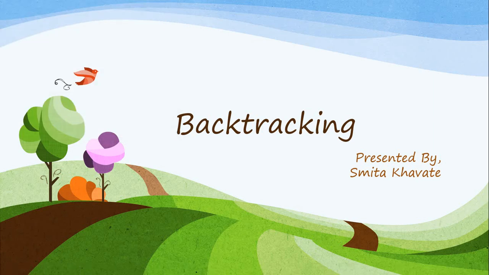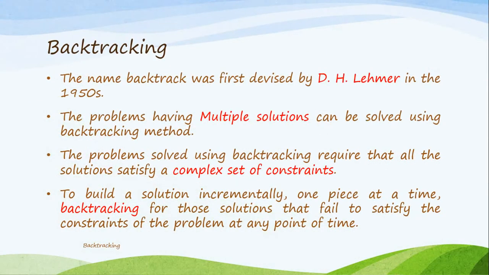In this video, we are going to study the backtracking algorithmic strategy. The name backtrack was first devised by D.H. Lehmer in the 1950s. Using backtracking, we can solve problems which have multiple solutions.